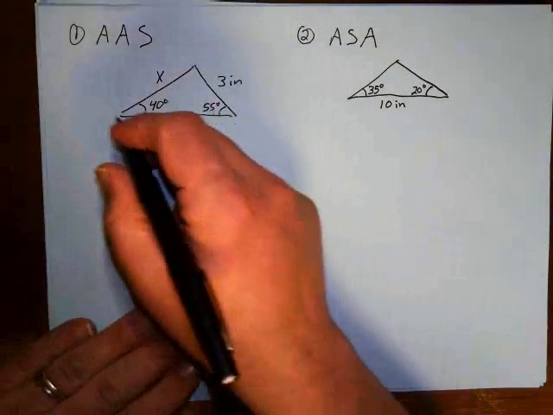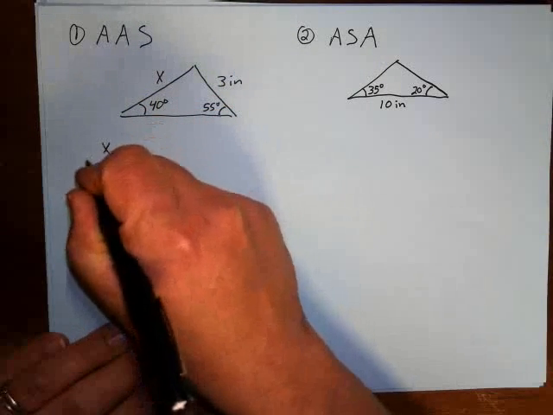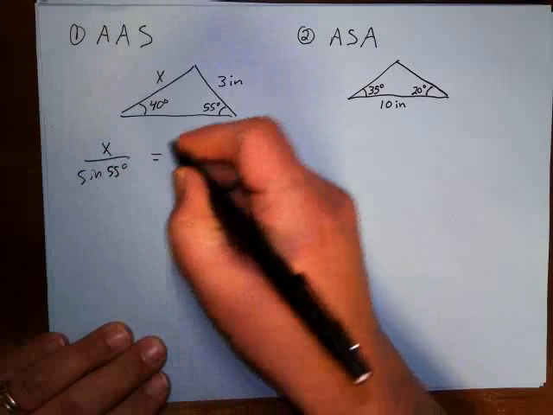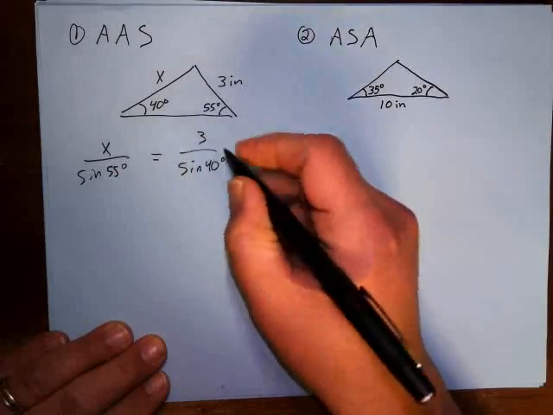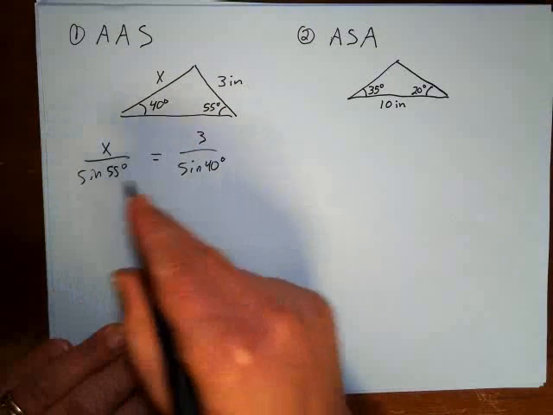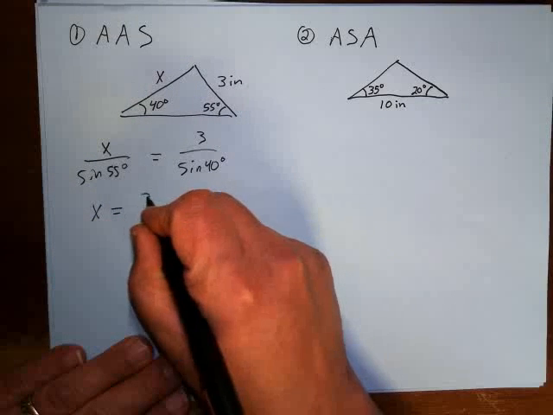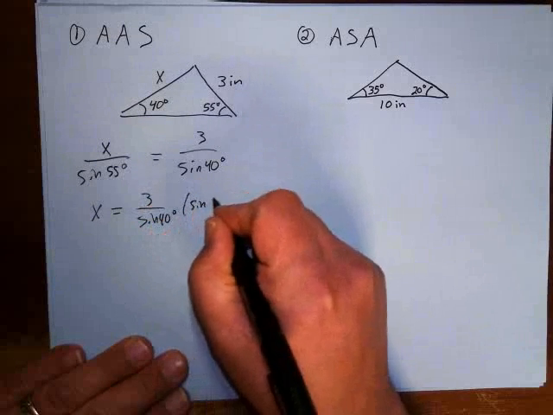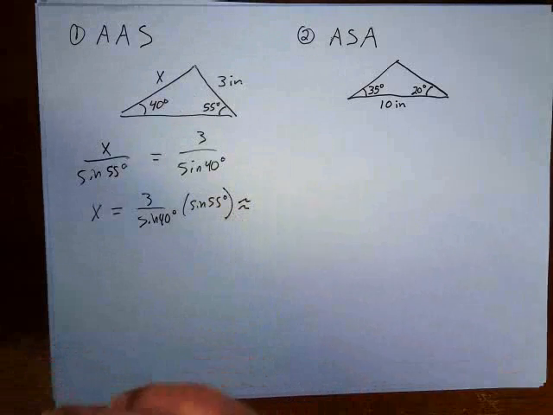To make your algebra easier, I can say this X is to the sine of 55 degrees as this 3 is to the sine of 40 degrees. That's a proportion, and now the algebra is real easy. I just multiply both sides by the sine of 55, and I get 3 sine of 40 degrees times the sine of 55 degrees. And this is going to give me my X.